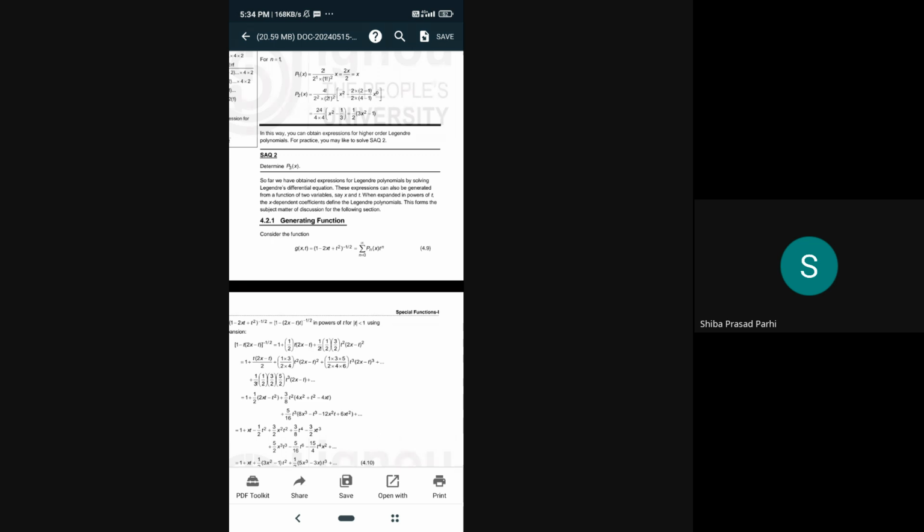Then your generating function, g(x,t) is equal to (1 minus 2xt plus t square) to the power minus half, is equal to summation n is equal to 0 to infinity Pn(x) t to the power n. Now we can expand it by binomial expansion, and you have 1 plus xt plus half (3x square minus 1) t square plus half (5x cube minus 3x) t cube, and so on.